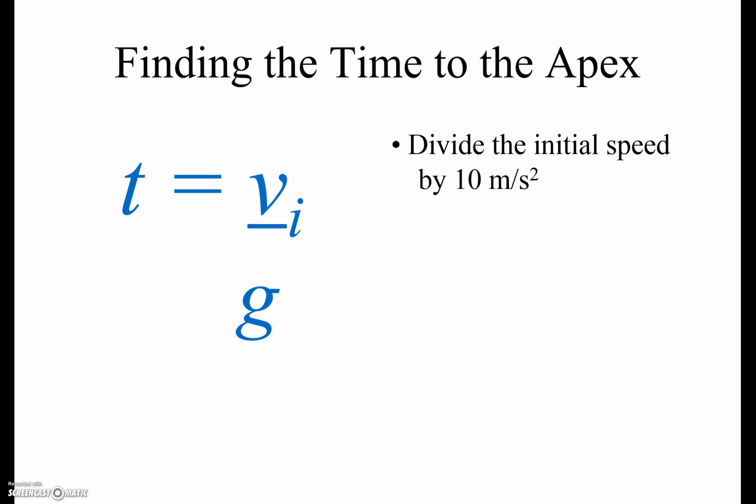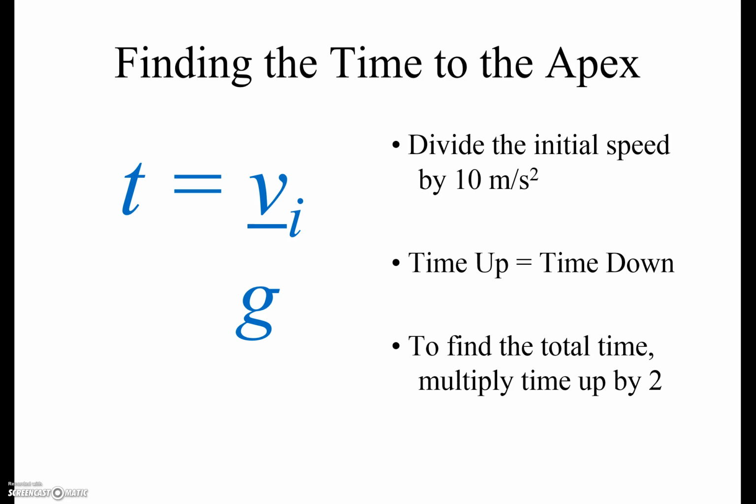We're going to divide the initial speed, that's our vi, by 10 meters per second squared, which is our acceleration due to gravity. And we need to remember that the time it takes to get up to the apex will be equal to the time it takes to get back down to the original starting point. To find the total time from beginning to end, we would take that time to the apex and multiply it by 2.